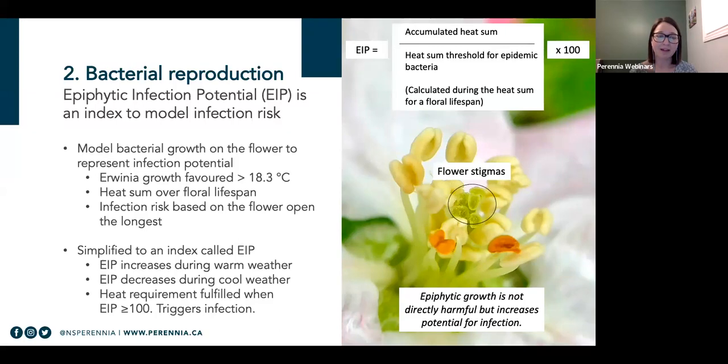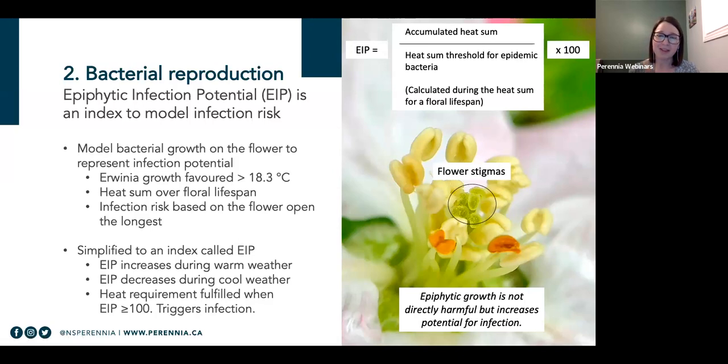And that is an index that lets us know the infection risk because it's representing how much bacterial growth has happened. So it is a mathematical calculation here. And it's an index because it ends up being a percentage.